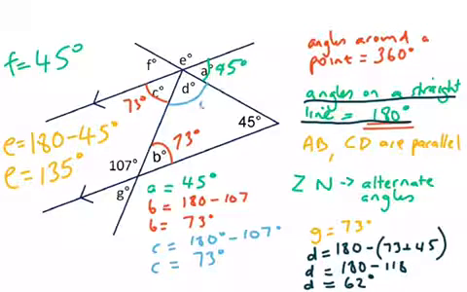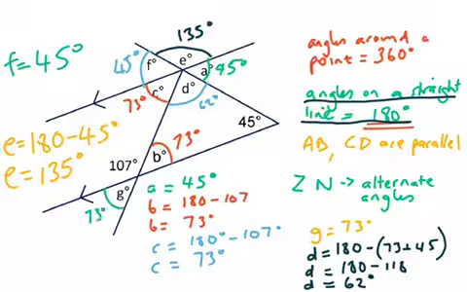So this one here is 62 degrees. Okay. E we said was 135. So that's 135 degrees. And we said F was 45. F was 45. And we finally said that G, let's just use this colour, we said G was 73 degrees.